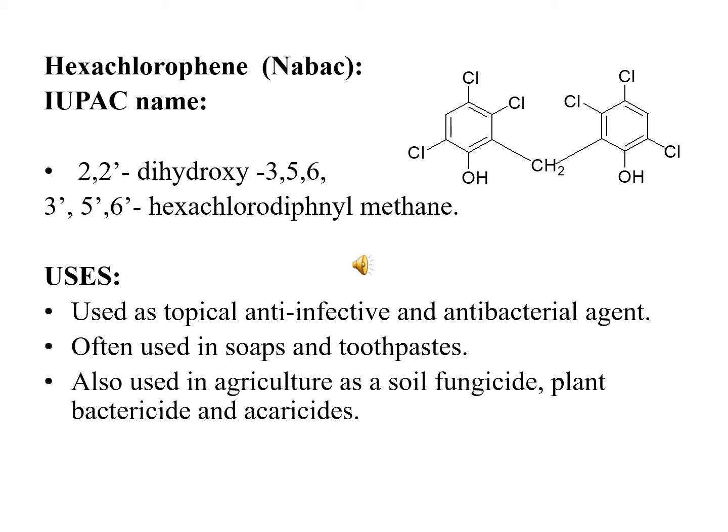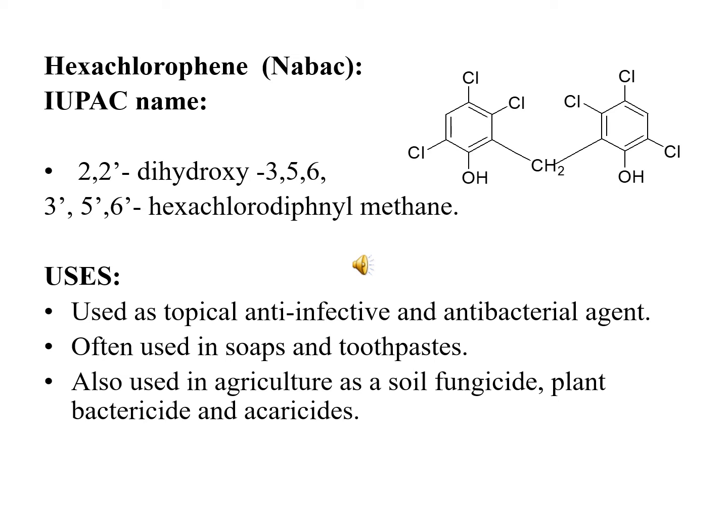So what is the nomenclature of this compound? It contains 2,2'-dihydroxy, meaning two hydroxy groups at position 2, and chlorines at 3,5,6, with the same numbering as in this ring. Similar numbering is done on the other phenolic ring, but it is assigned with a dash. The total number of chlorine atoms in this compound is 6.